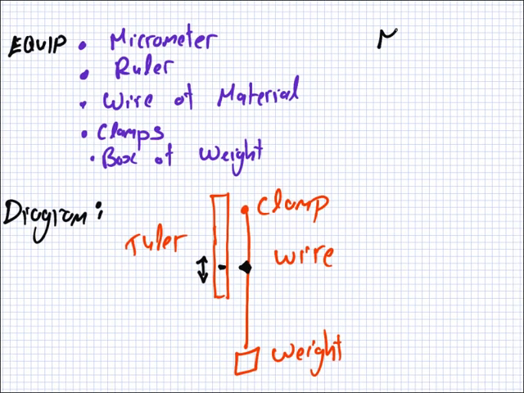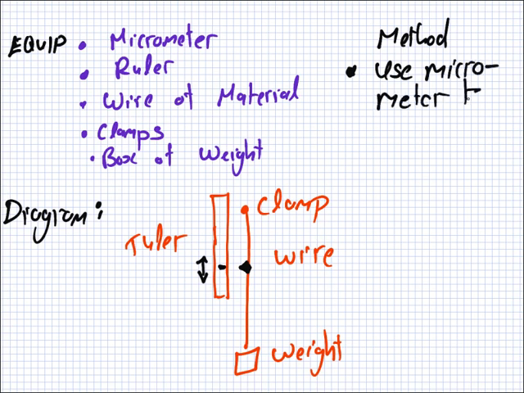So what's the method here? Well, number one, first thing you should do is use a micrometer to measure radius, and then after you have that you can calculate the area.